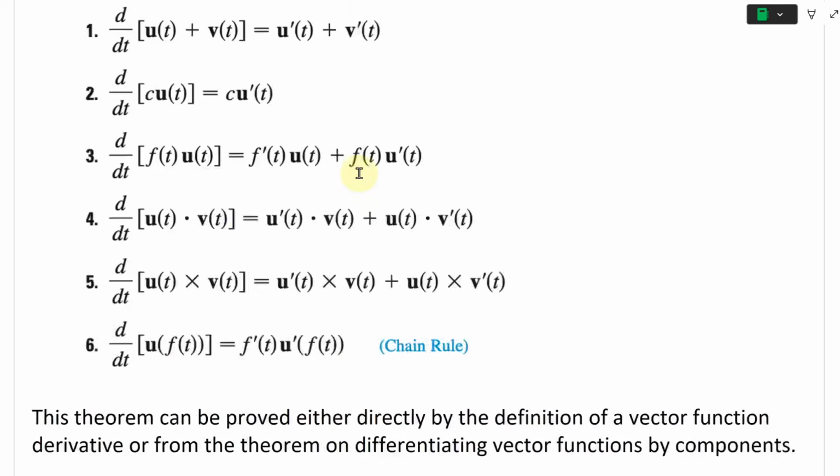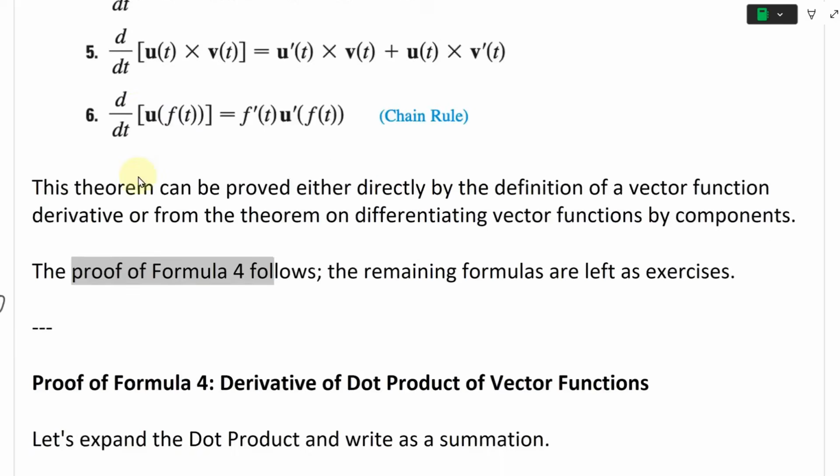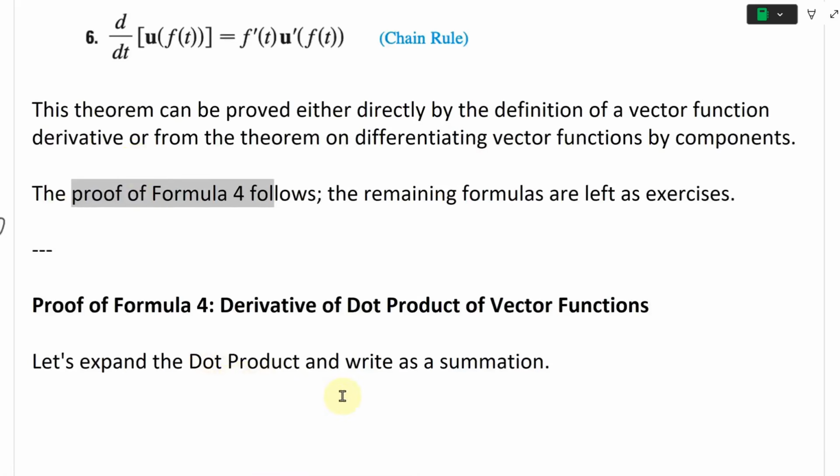So, the proof of the formula for the derivative of the dot product of vector functions. If you have the dot product of two vector functions, the derivative is just the basic product rule, but with the dot product. So let's expand the dot product and write it as a summation.